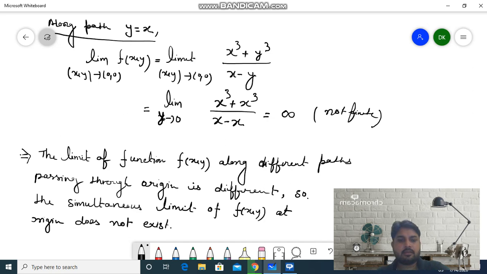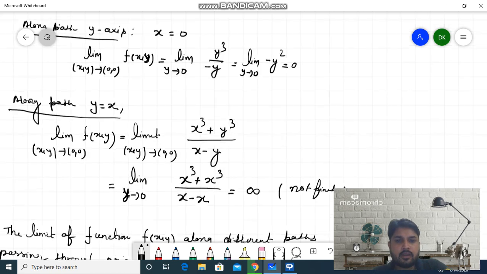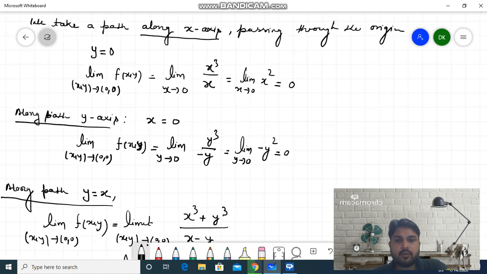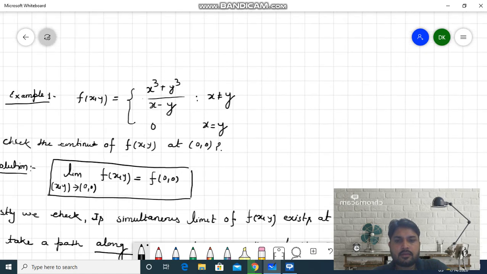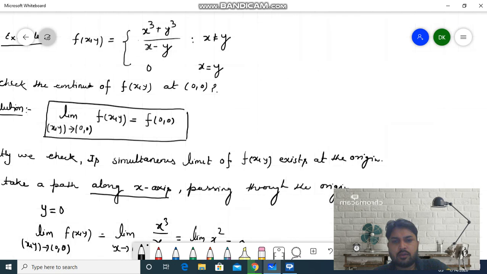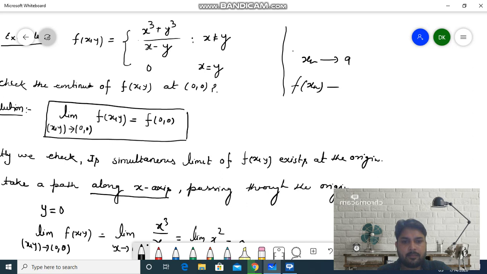As in the last semester I taught you, we can also check the continuity of a function by using the sequence or by using the sequential criteria. In case of a single variable, we know that a function f(x) is continuous if any sequence xn converges to point a, then its image under mapping f converges to f(a), then we say f is continuous.